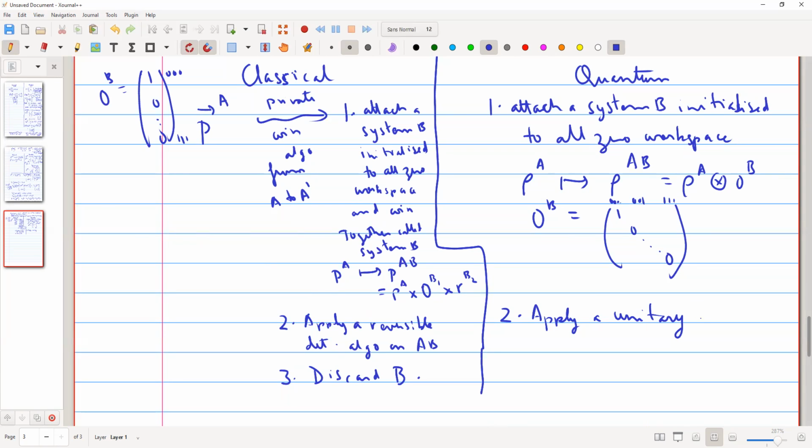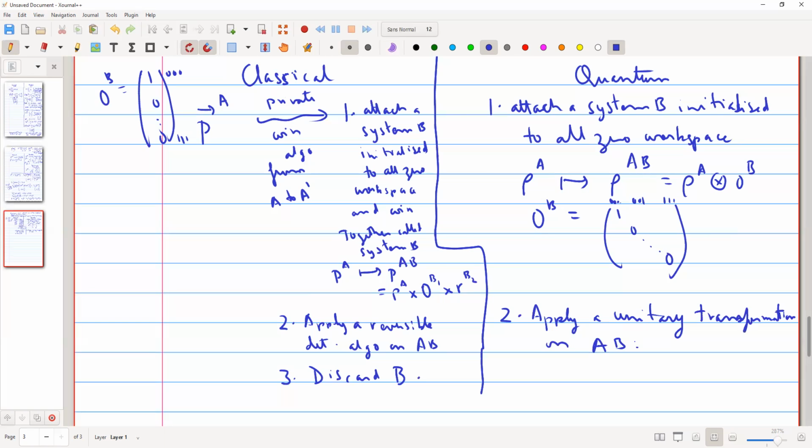Now, the second part was to apply a reversible deterministic algorithm. The quantum algorithm applies a unitary transformation, a unitary matrix, on A. Remember, a unitary transformation is always an invertible transformation.